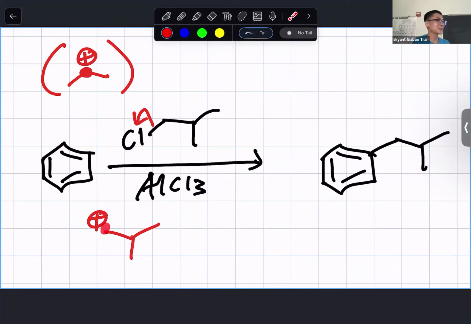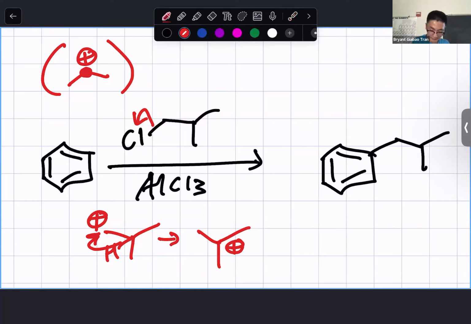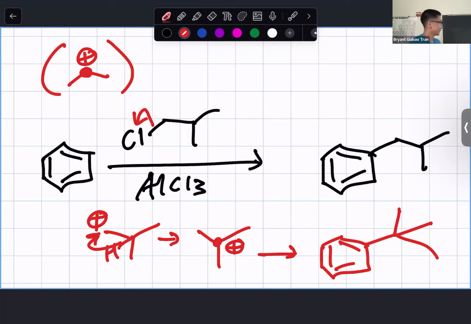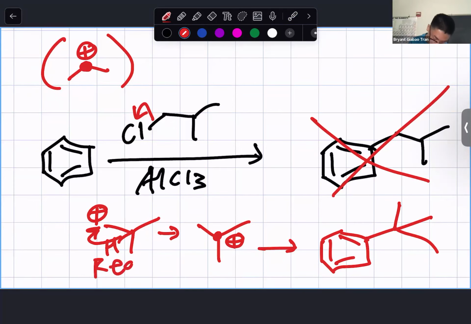But we see that that carbocation can do a hydride shift like that and form a more stable carbocation intermediate at that tertiary position there. So that right there is actually our dot carbon, where when we react it, it is actually going to give us this product here, not this product, because of rearrangement.